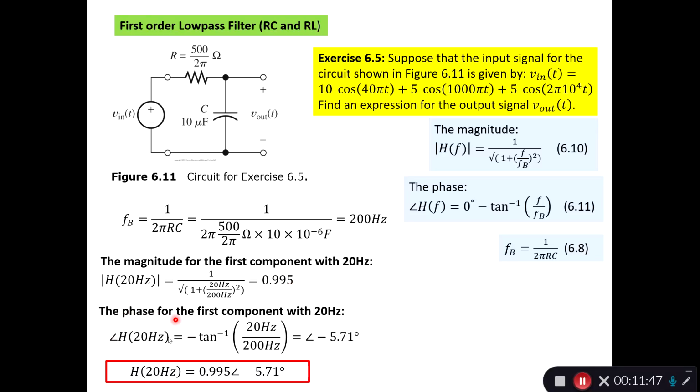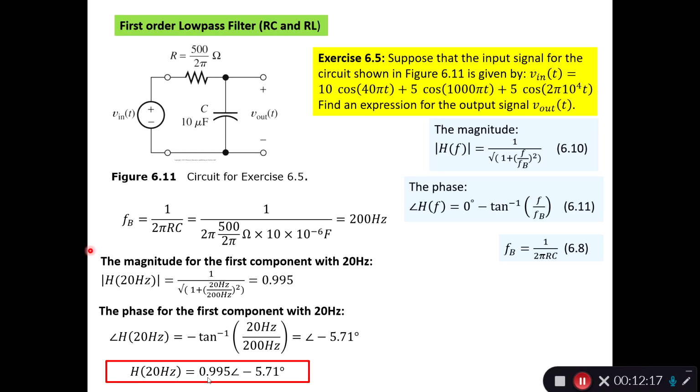And then I have a phase for the first component. The 20 hertz phase is calculated with the help of this: 20, the running frequency, over the breakpoint frequency, that gives me a phase shift of minus 5.71. So the transfer function for 20 hertz is 0.995 and minus 5.71 degrees.